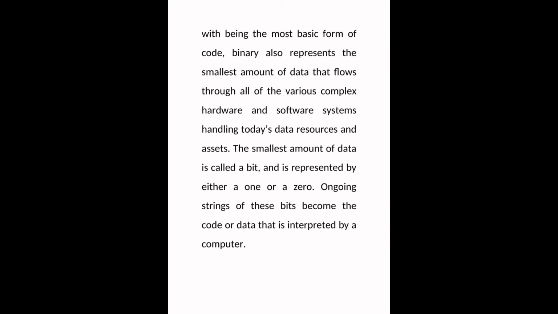Software systems means programming, coding, and so on. Binary means the smallest amount of data that flows through the system's hardware, meaning RAM, processor, chips, which have low level language, machine language or binary code, zeros and ones.